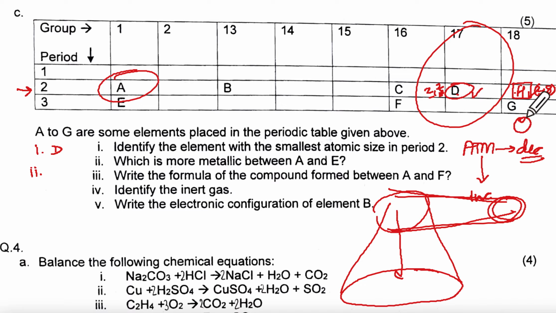When there are two shells which are absolutely full, then these electrons have repulsion. They get repelled from each other and the size becomes slightly bigger. So this one will be bigger size, this one will be smaller size. Why? Because it's a noble gas. A noble gas has slightly bigger size than this, because the electron shells are fully complete.